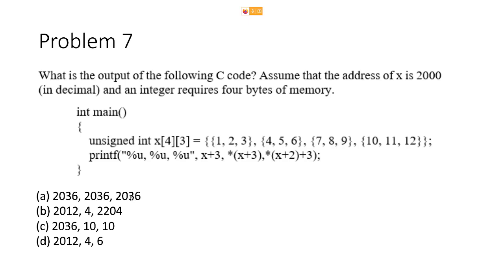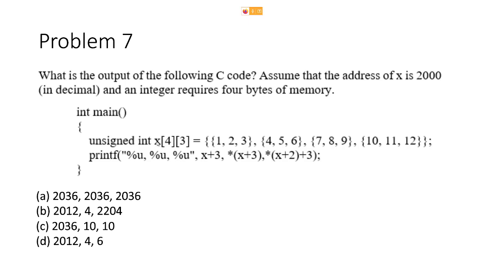So you should remember that x is actually a double pointer, like star star, and here it's a 2-dimensional array. So when you say x, x is actually the base address, which is also the address of the first row.